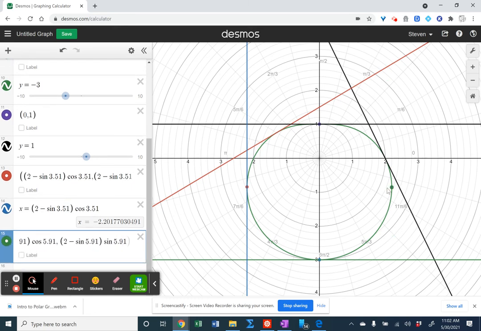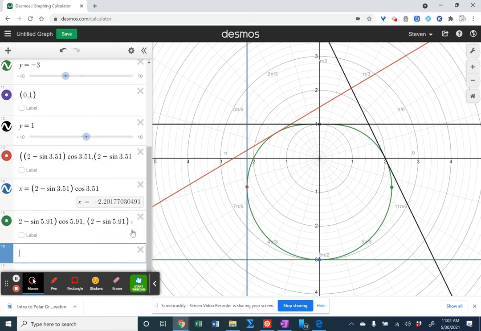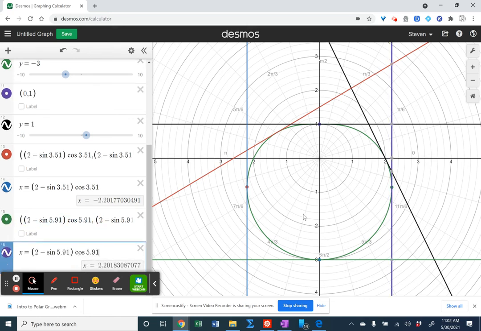So we get our other point way out here. You can see that one's going to give us a vertical. X equals, Control C. We'll get that plotted over there. We'll get that vertical line. And there it is. We did it correctly. All right, ladies and gentlemen, go study.